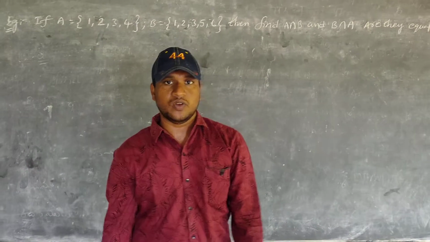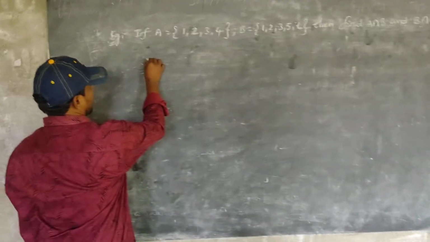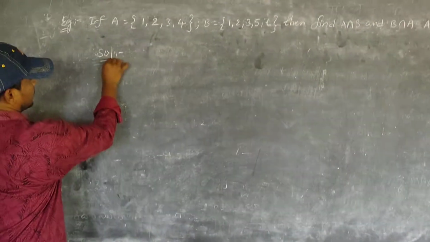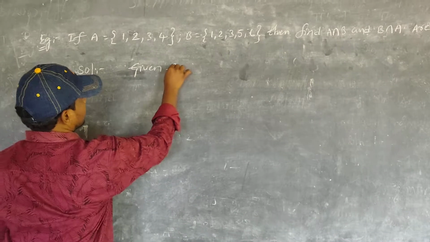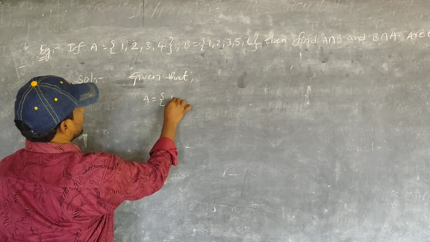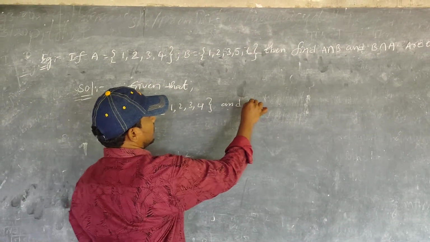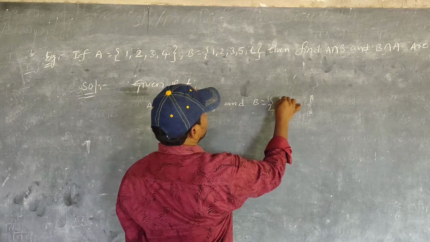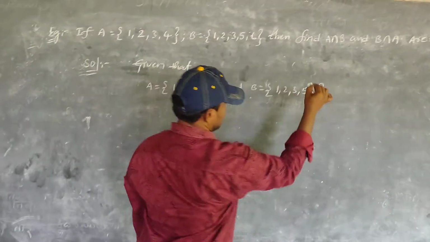The question is understood by all of you? Solution. Given that A is equal to {1, 2, 3, 4} and B is equal to {1, 2, 3, 5, 6}.